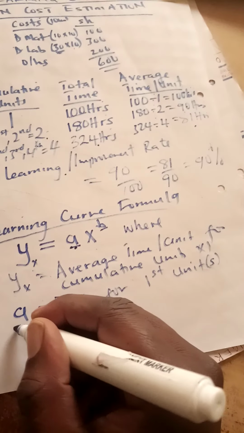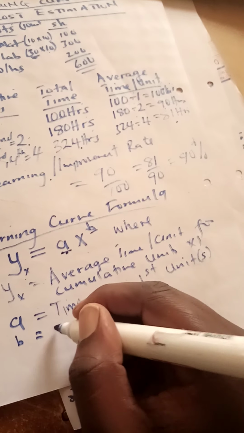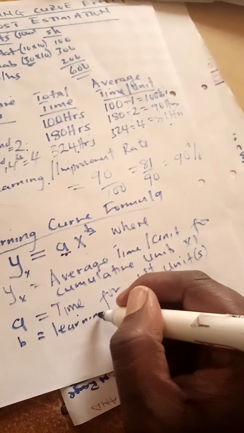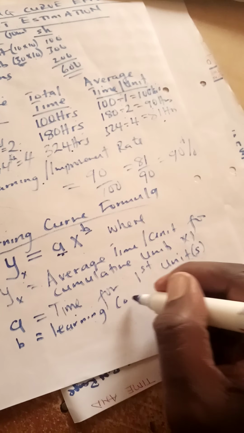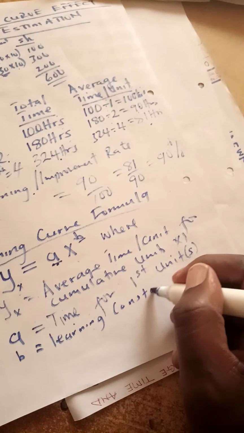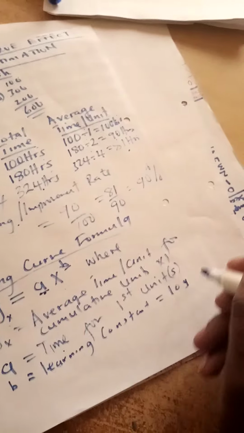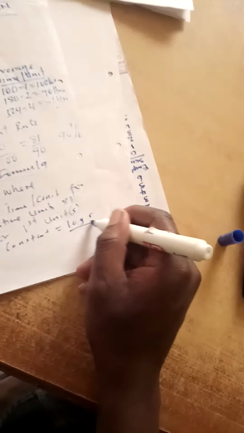Okay, and b is a very important constant. We call it the learning or improvement constant. It's just a learning constant, and it will be given by log r divided by log 2.